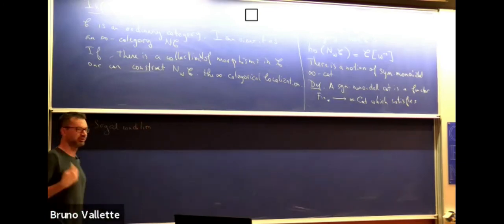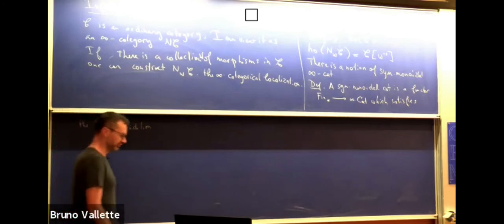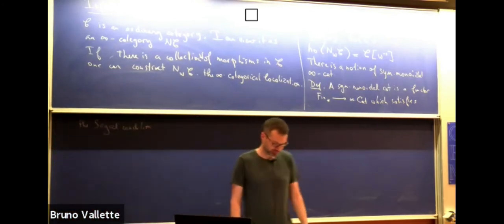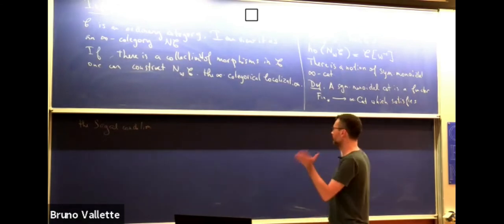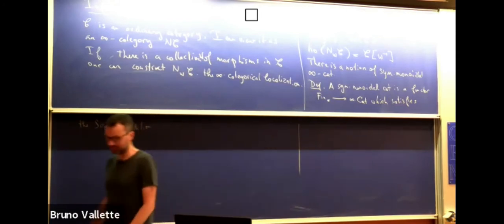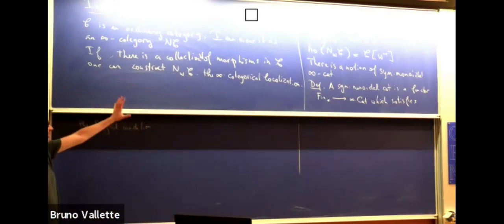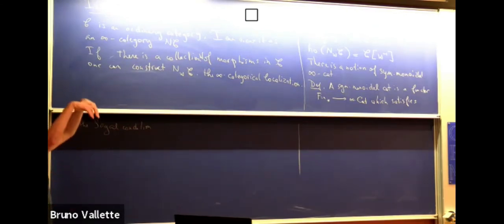So I won't explain the Segal condition in detail. If you know about Segal's work on infinite loop spaces, you'll know what I'm talking about. And usually you use what's called the straightening and unstraightening principle, which tells you that you can encode such a functor equivalently as fibrations over this category Fin star.